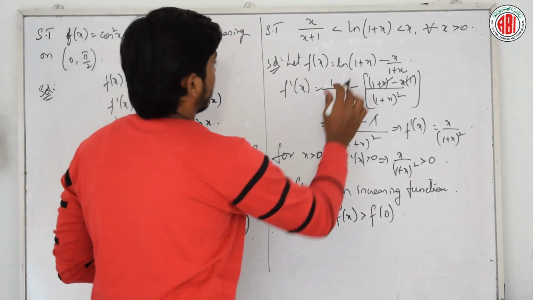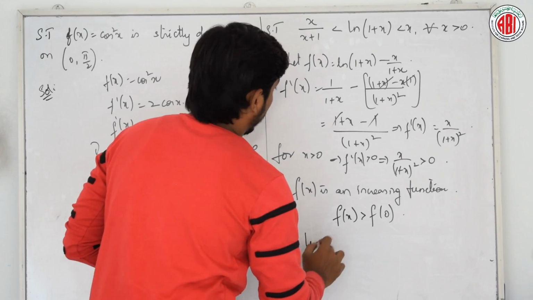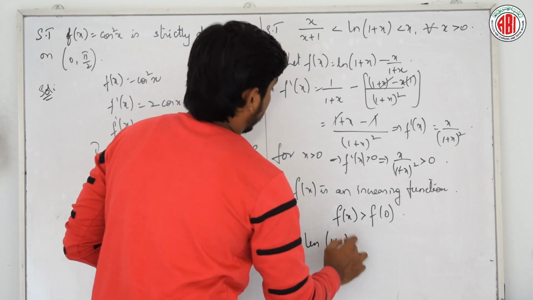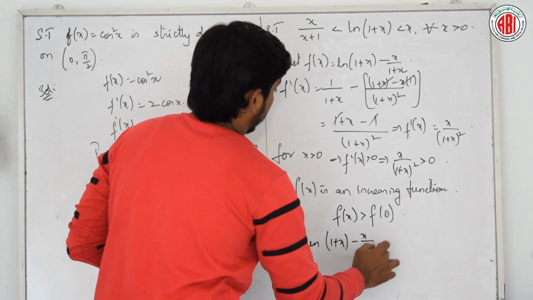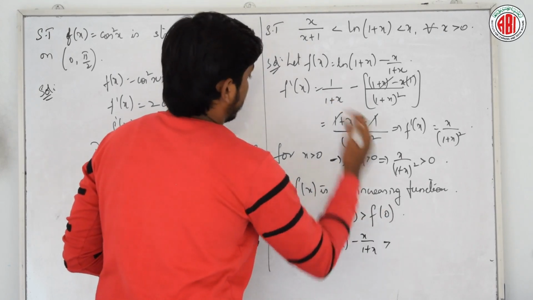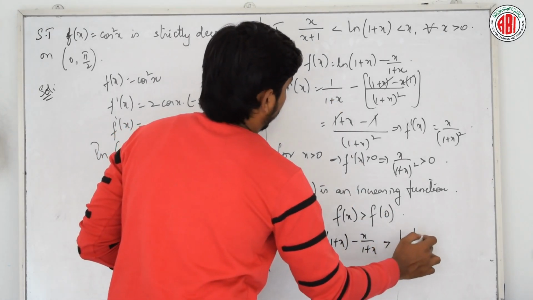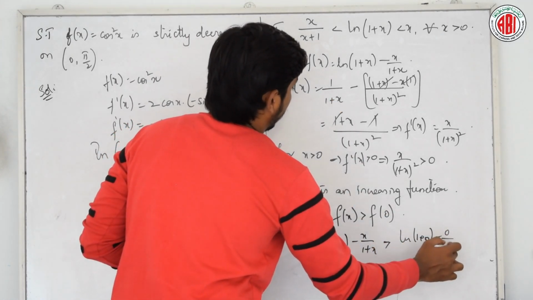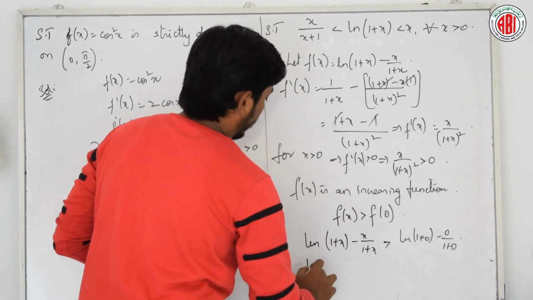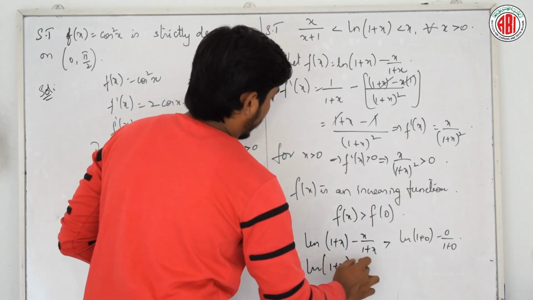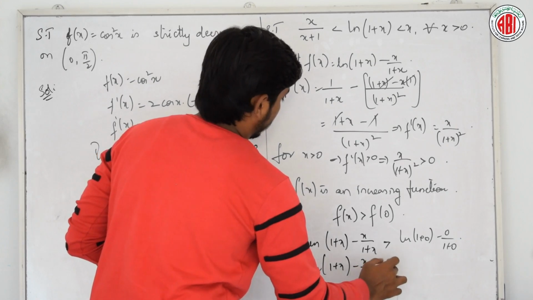Yes, let us write it. What is f of x? This is f of x, that is ln of 1 plus x minus x by 1 plus x is greater than, just substitute 0, ln of 1 plus 0 minus 0 by 1 plus 0, obviously that is 0. Therefore, ln of 1 plus x minus x by 1 plus x is greater than 0.